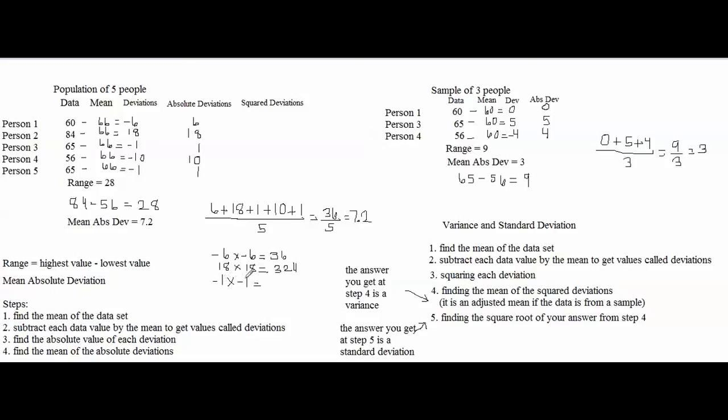Negative 1 times negative 1 is just 1. The negatives cancel out. Negative 10 times negative 10. That gives you the same answer as 10 times 10. The two negatives cancel out, and you get, well, 10 times 10 is 100. Now we have negative 1 times negative 1 again, which is just 1. So now we have all of our squared deviations. We'll put them in here.